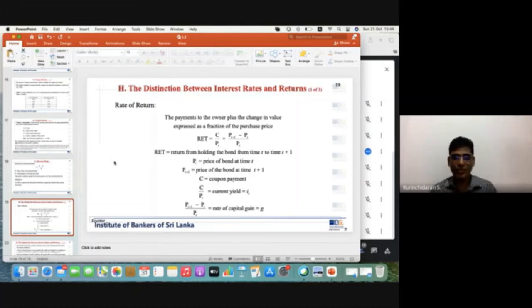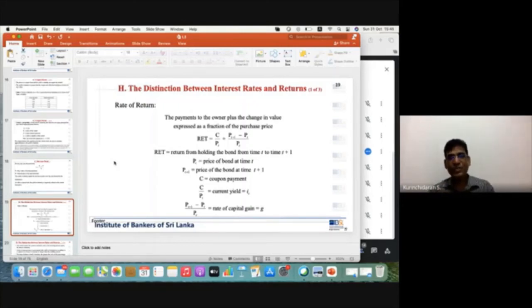If you take a bond, you will be getting the coupon anyway. So let's assume now the bond price is 100 rupees. You are getting coupon continuously. At the end of the maturity, anyway you will be getting the face value.